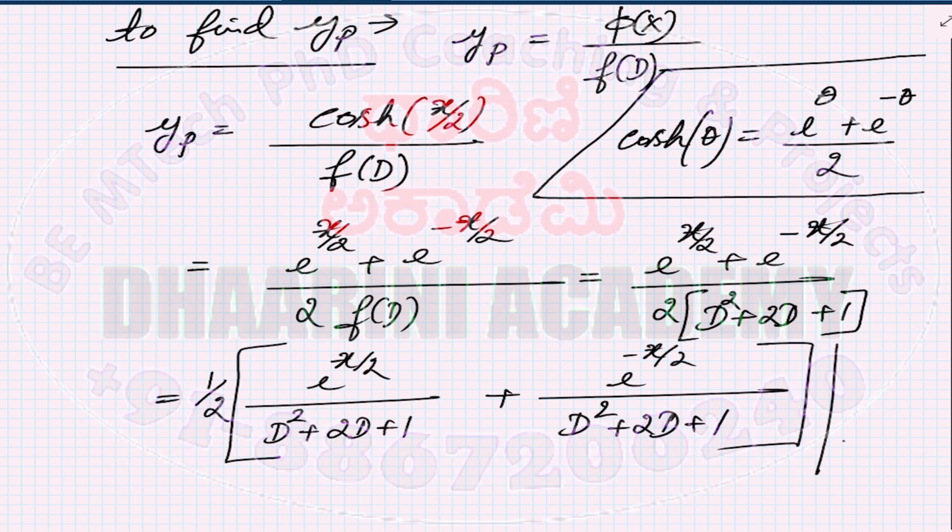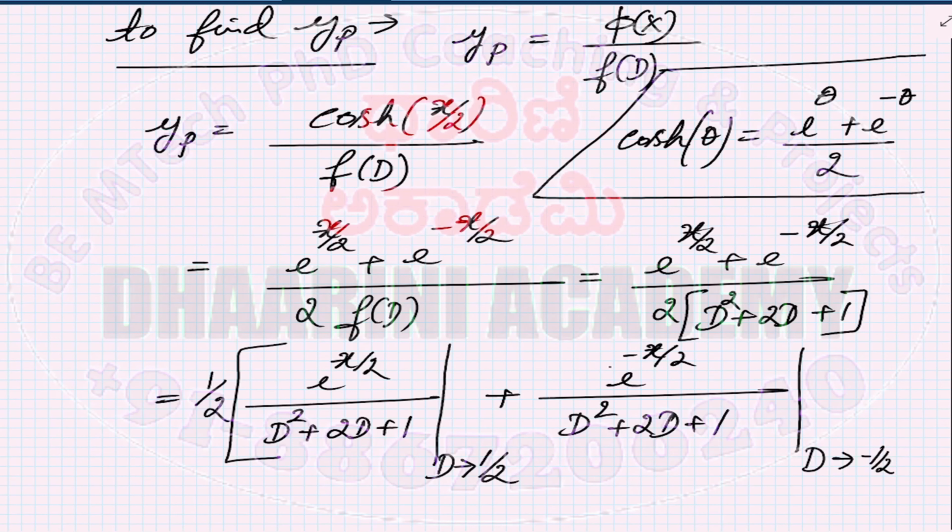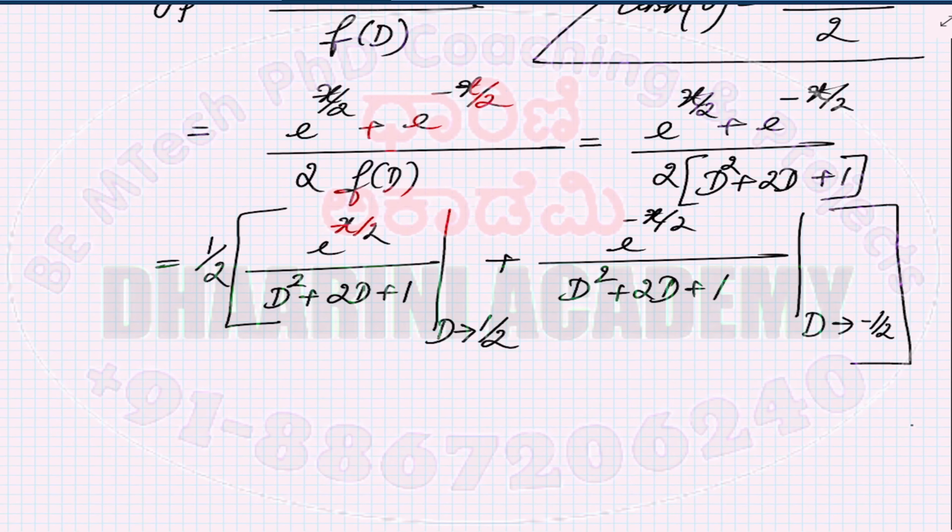Now you can make a substitution, sorry, not outside, because I have to do it inside the bracket. The reason is that the first term has a different e to the power ax. So a is half here. So replace d by plus half. For the second term, replace d by minus half, because you see that there is a minus sign here. That's why I cannot use the same term for both of them.